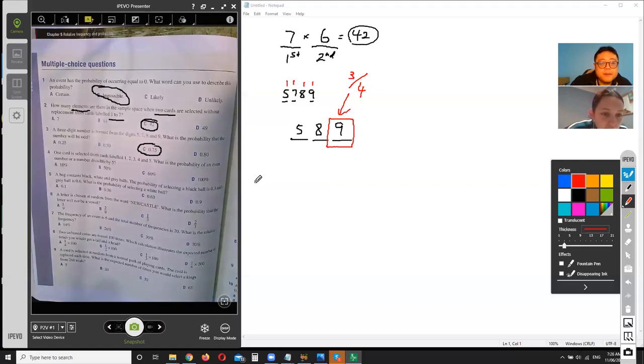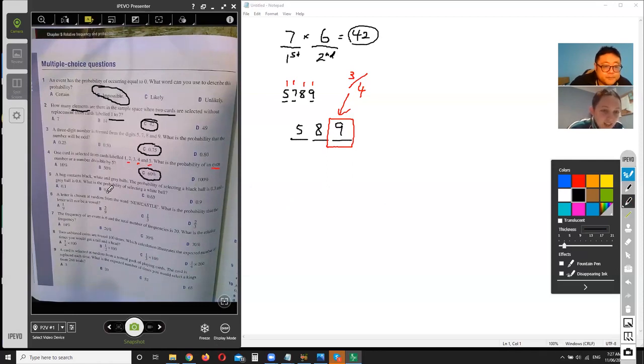Two are even, and 1 is a multiple of 5. Which cards are even? The 2 and the 4. And which card is a multiple of 5? The 5. So 3 out of 5, which is 60%.